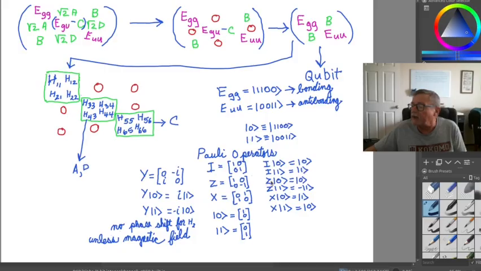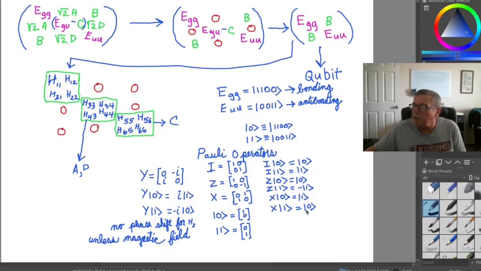The Z operator, when it operates on a 1, makes it a negative 1. When it operates on a 0, it just gives 0 back. The X operator, which is this guy over here, will invert the two so that it just swaps them around. 0 goes to 1 and 1 goes to 0.